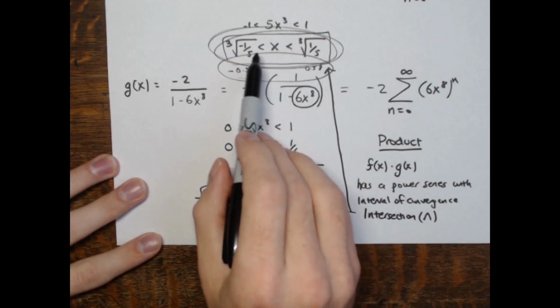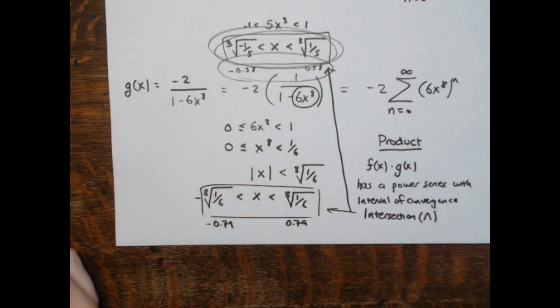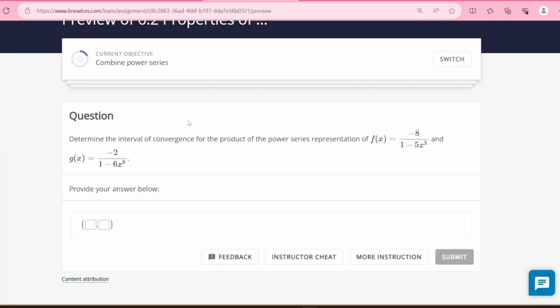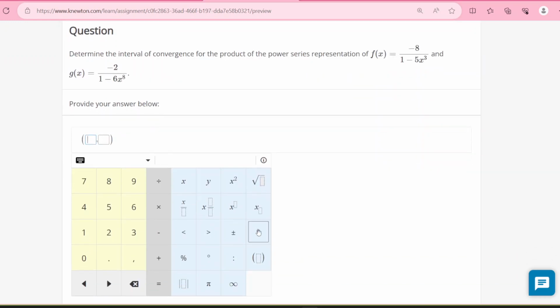Yeah, the only values they share are negative cube root of 1/5 to positive cube root of 1/5. All right, and that's what I'll type here. They don't have a nice little root thing.